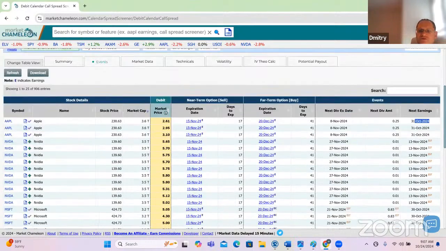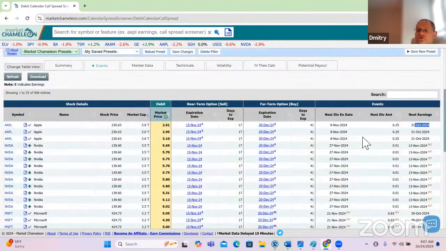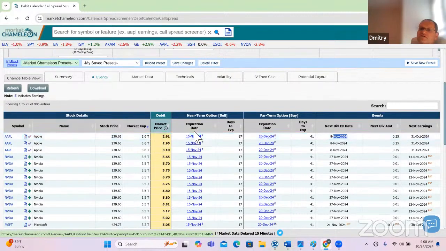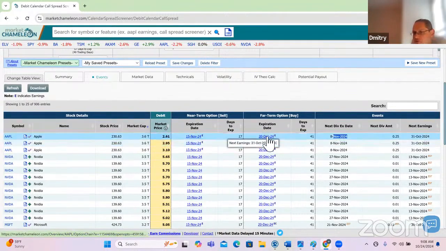These two are important because you want to know if any of these expirations will cover the event. So November 8th in this Apple, the spread is November 15th and December 20th. So the December 20th, you would be long.